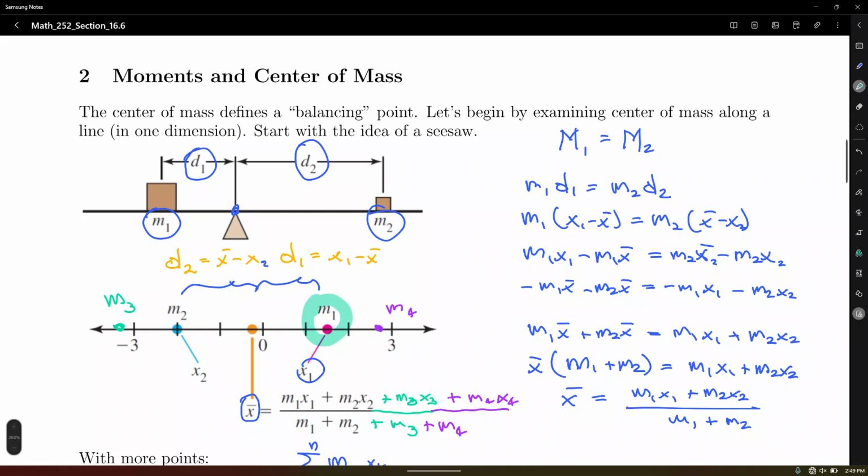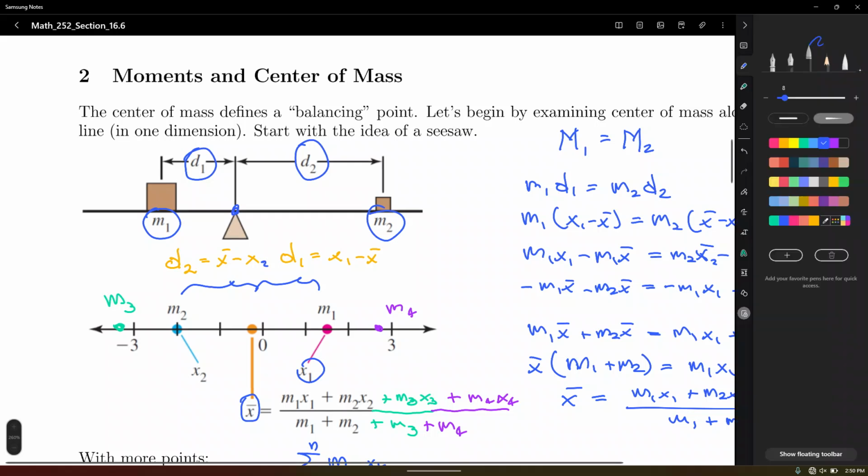For mass 1, we're going to do the same. So we're going to find this distance, which happens to be x1 minus x bar, which is this distance here in the very, well, it's not necessarily in the very middle, but it could be in the very middle. So here we will replace, let me do some highlights here.